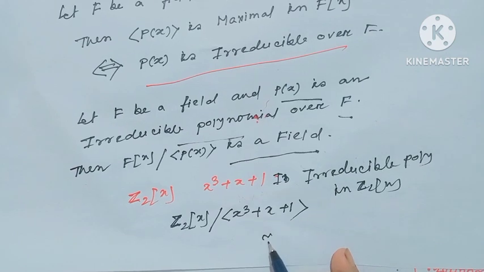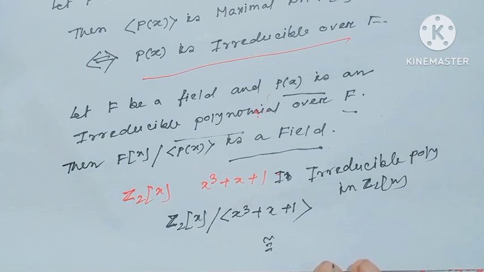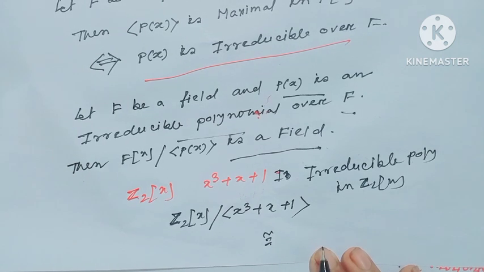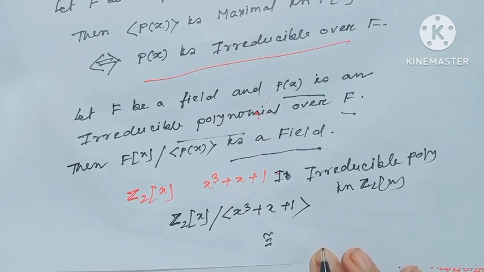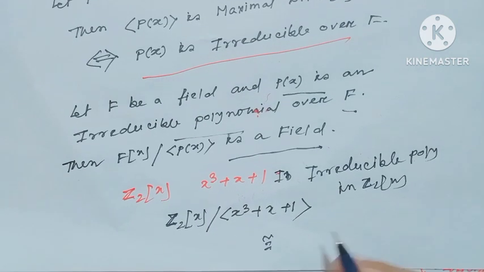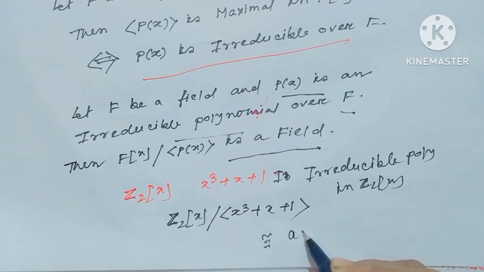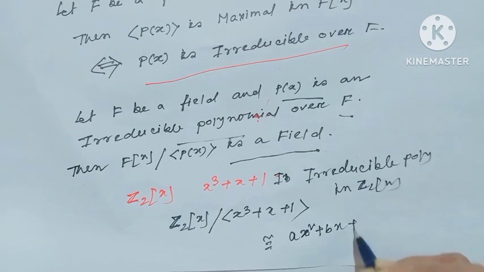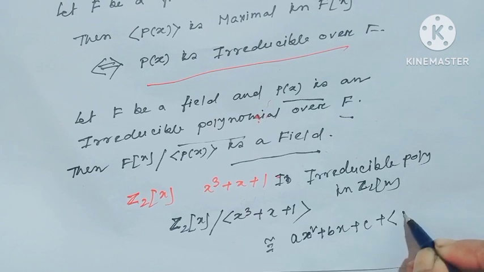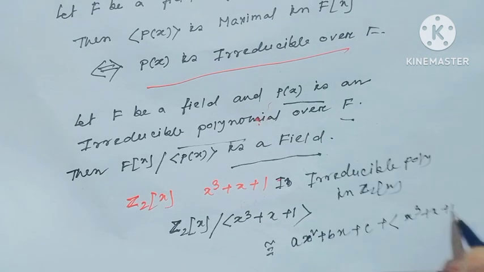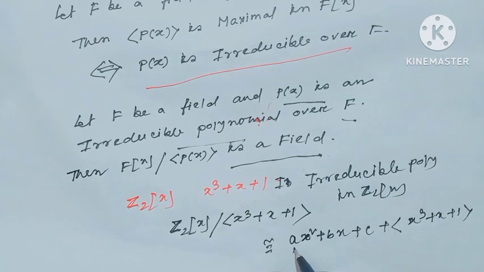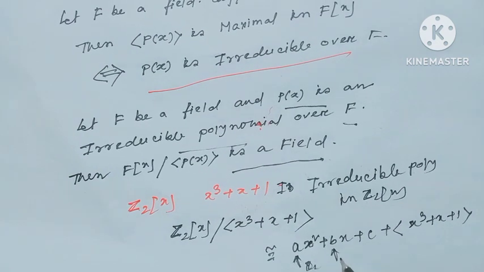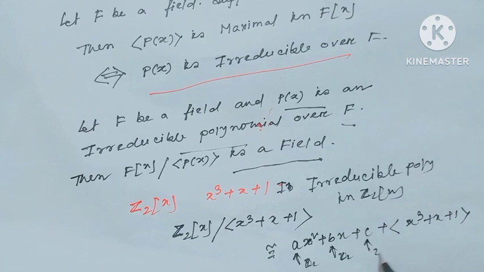Since this is an irreducible polynomial, Z2[x] modulo the ideal generated by x cube plus x plus 1 is always a field, and this field looks like the elements ax square plus bx plus c plus the ideal generated by x cube plus x plus 1, where a belongs to Z2, b belongs to Z2, c belongs to Z2.